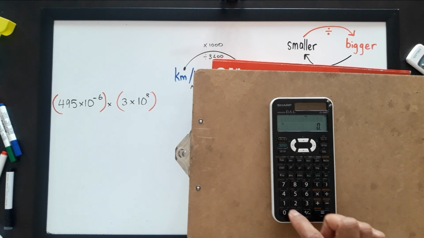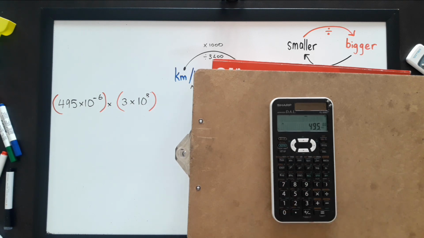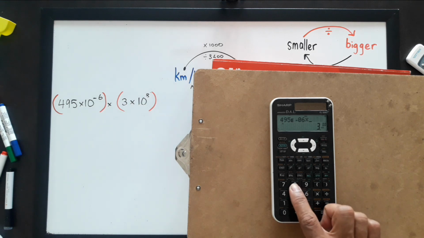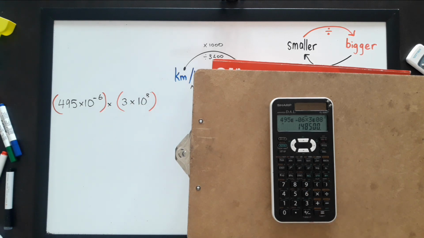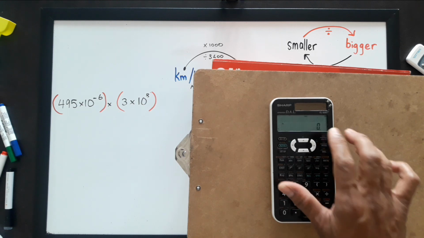So without the brackets first. 495 EXP, and that is it put in the multiply by 10. Let's type in -6 multiply by 3 EXP, and we're going to type in a +8, and we get 148,500.